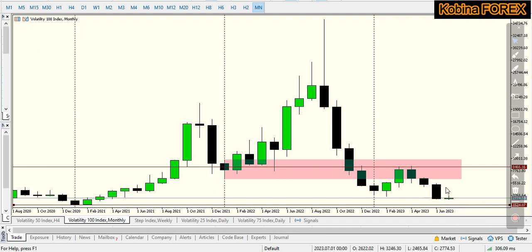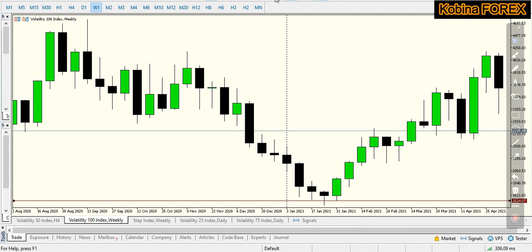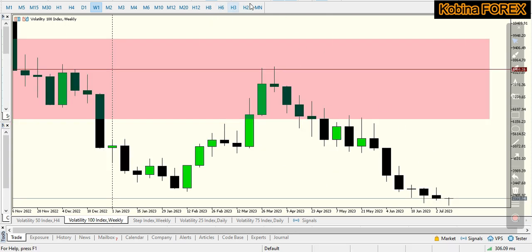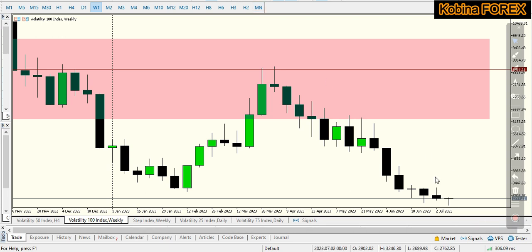Price must fulfill all necessary liquidity, take all the necessary liquidity resting in here or above, before it rallies down. Okay, so let's go to our weekly time frame and see what we are trying to explain. On the weekly time frame, do you see any liquidity resting above anywhere that price must necessarily work on before it rallies down?